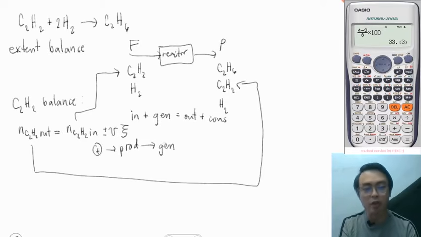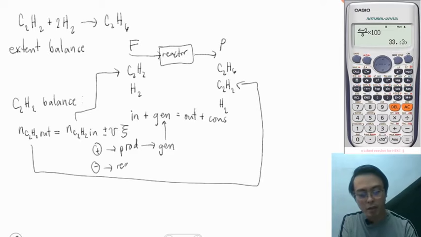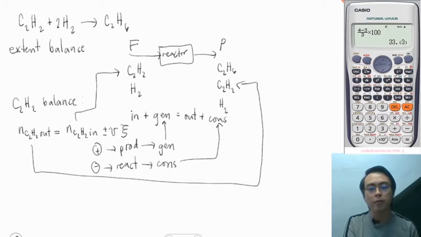Remember, here's your generation on the positive side. We use minus if it is a reactant because it's being consumed. This is the consumption. So in the case of C2H2, it is a reactant. Therefore, the sign of the second term in our equation here is minus.